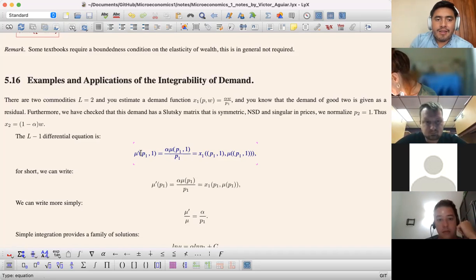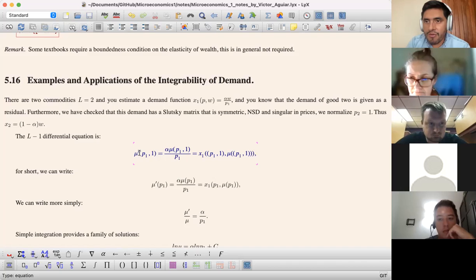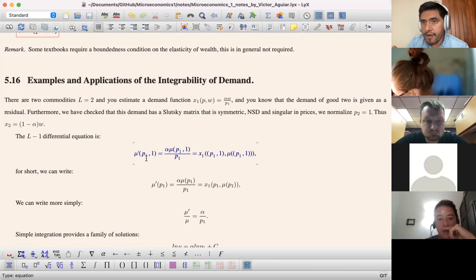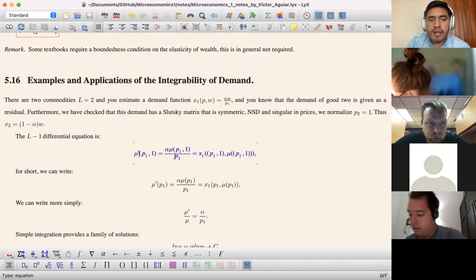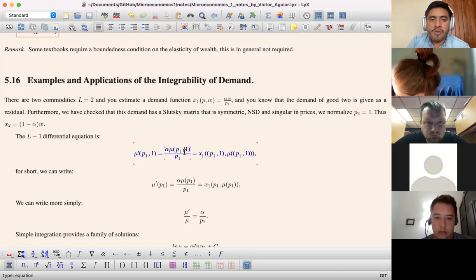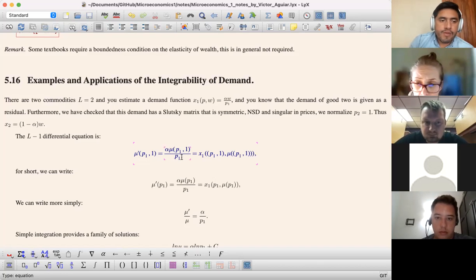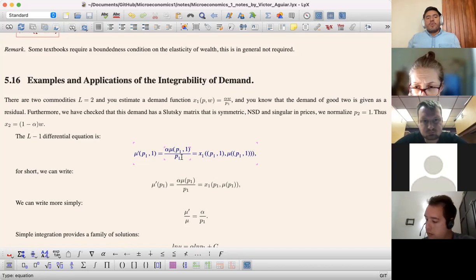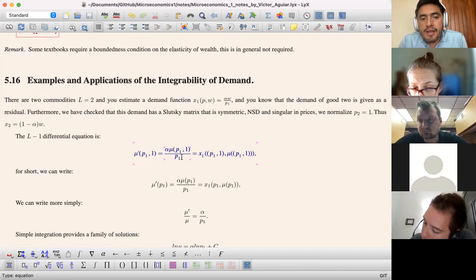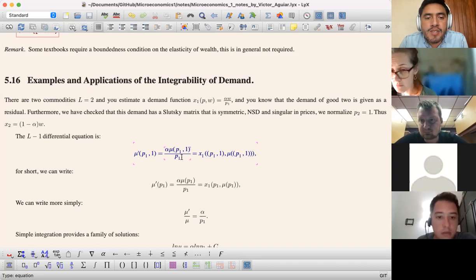We're going to write the following equation. We're going to say that the derivative of this compensation function, mu prime, with respect to the only variable, P1, is equal to alpha of what? Of the income, right? This is the object I'm replacing. So mu of P1 divided by P1. What I'm saying is I'm writing an ordinary differential equation where the demand I observe is the derivative of this compensation object.